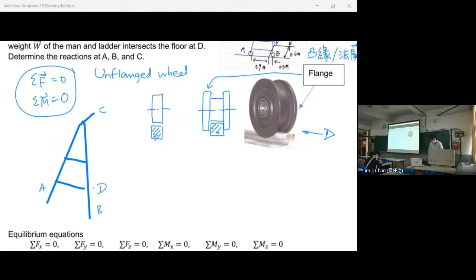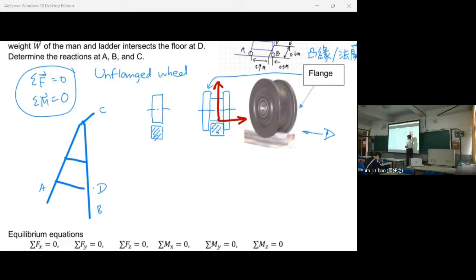We have a reaction force in this direction, and we have a reaction force in this direction. And after we talk about the forces, we talk about the moments.